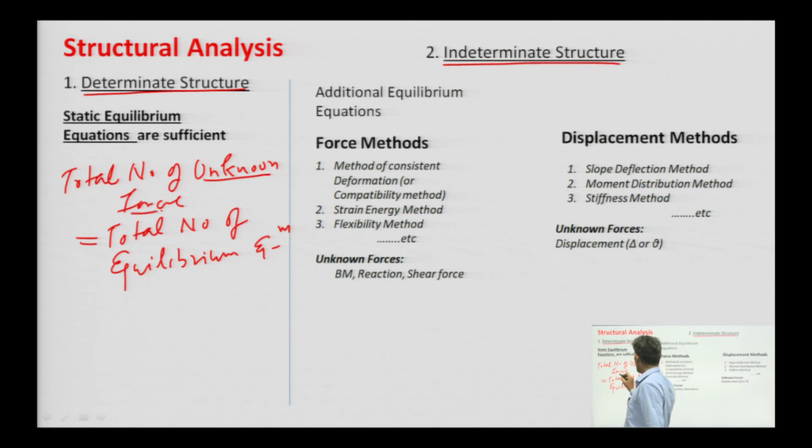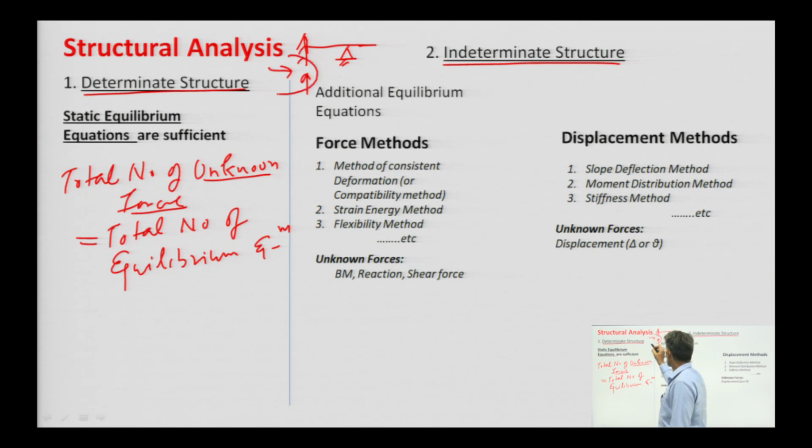And what are unknown forces? Say this is a beam. Here at the fixed support, three forces will be considered as unknown forces, three unknown forces at this fixed support.